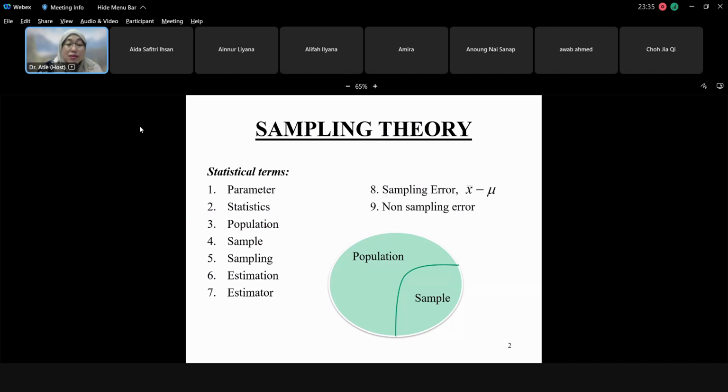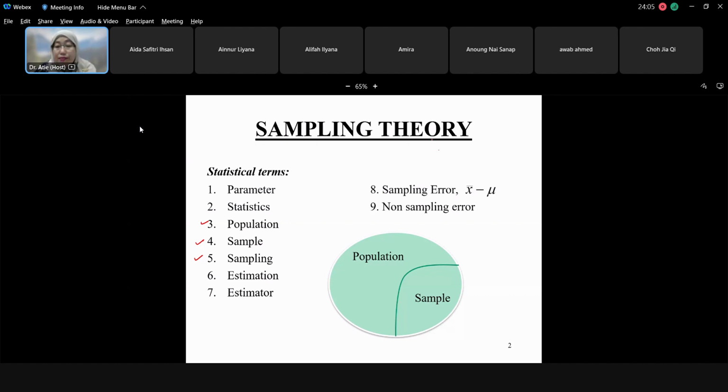Whereas sample is actually a part of the population or the subset of a population. And then sampling, based on page 56, is actually the process of taking a sample from a population. So that's what we call sampling.